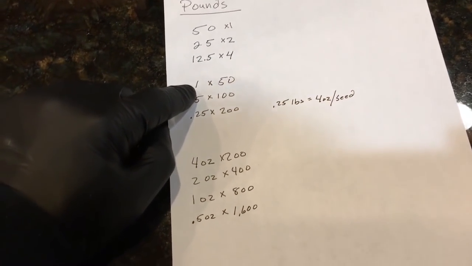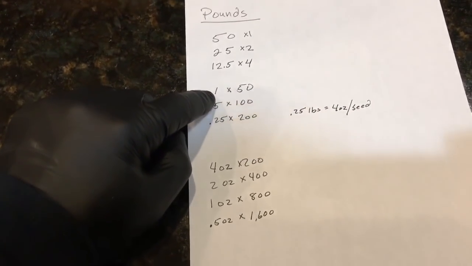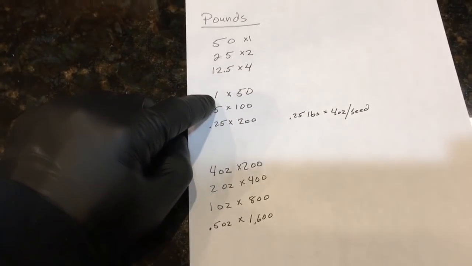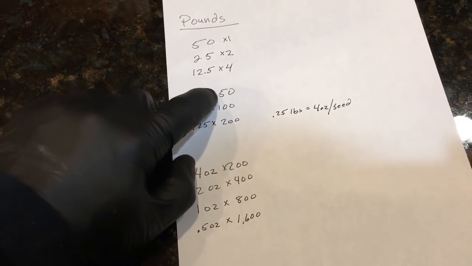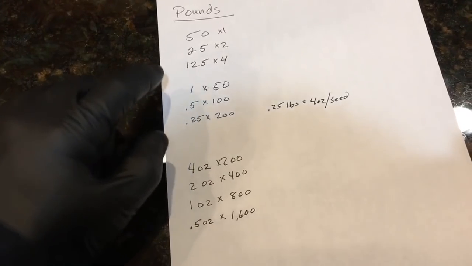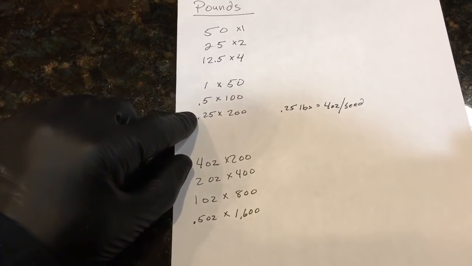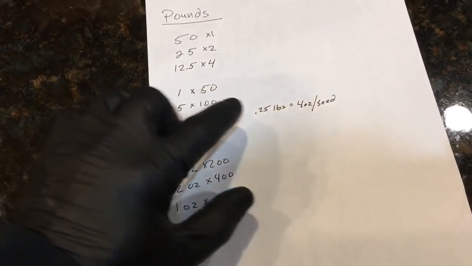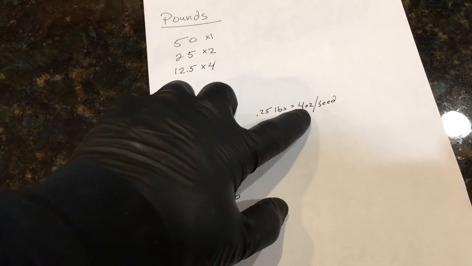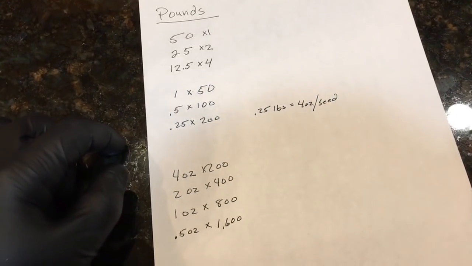If we got down to 1 pound, if we counted 1 pound of grass seed, counted each individual seed in a pound, we would end up multiplying that number times 50 to get a total. If you break it down to a 1/4 pound, you would do it times 200. Well, a 1/4 pound equals 4 ounces of grass seed.